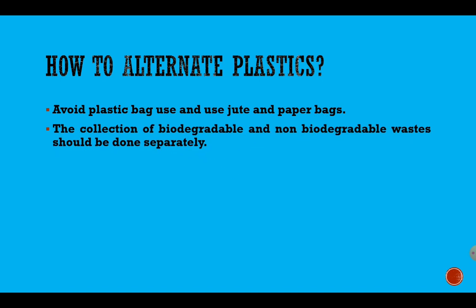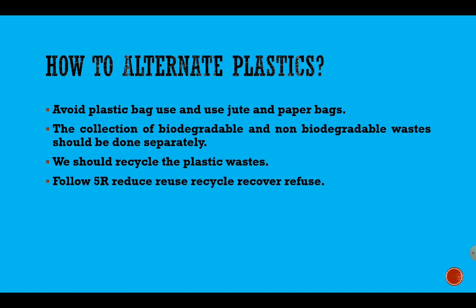The second is that the collection of biodegradable and non-biodegradable waste should be done separately. The third is that we should recycle plastic waste, as recycling them in factories makes them further usable. The next is that we should follow 5R, which is reduce, reuse, recycle, recover and refuse. And we should also not throw plastic bags as it causes pollution, as discussed above.